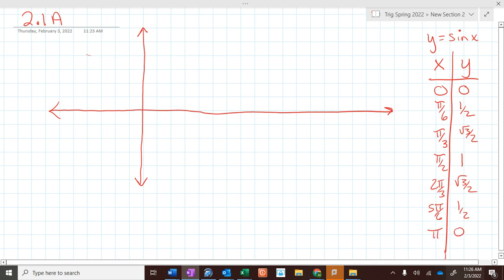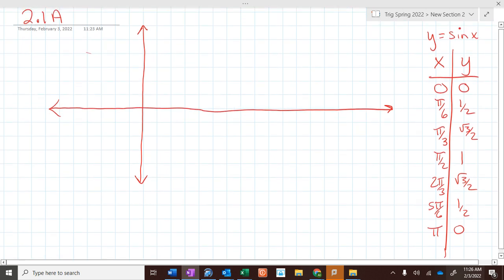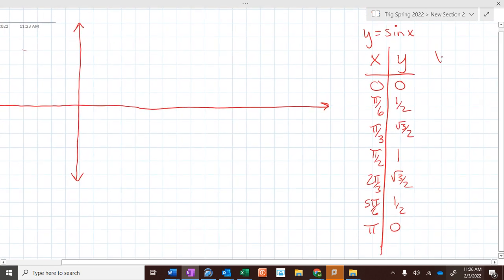I'm going to have to slide over. What is 7 pi over 6? Negative 1/2. What is 4 pi over 3? Negative square root of 3 over 2. 3 pi over 2?